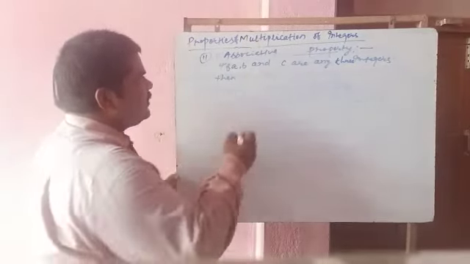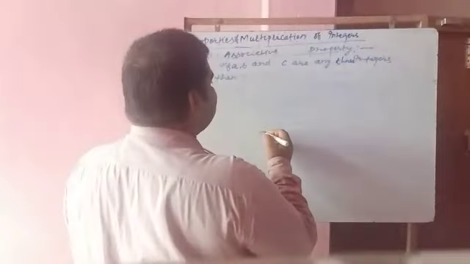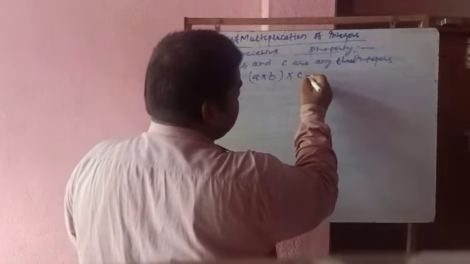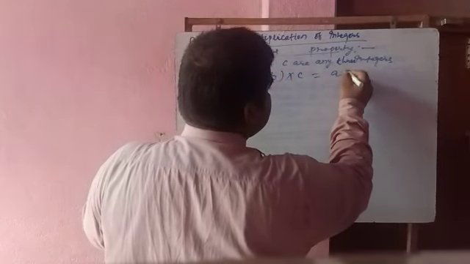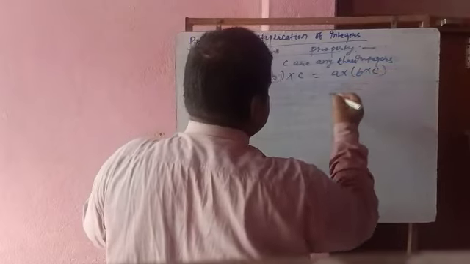My dear students, for the associative property, if a, b and c are any three integers, then a into b, whole multiplied by c, is equal to a multiplied by the whole b into c.